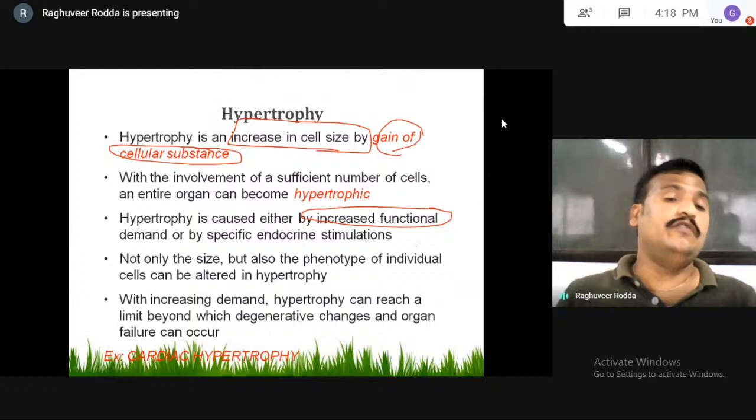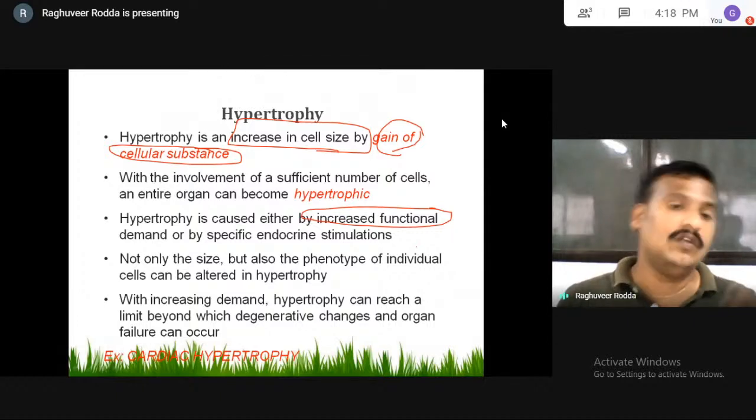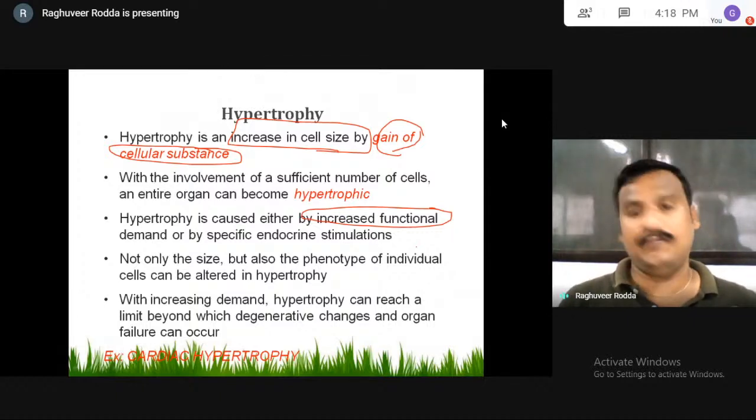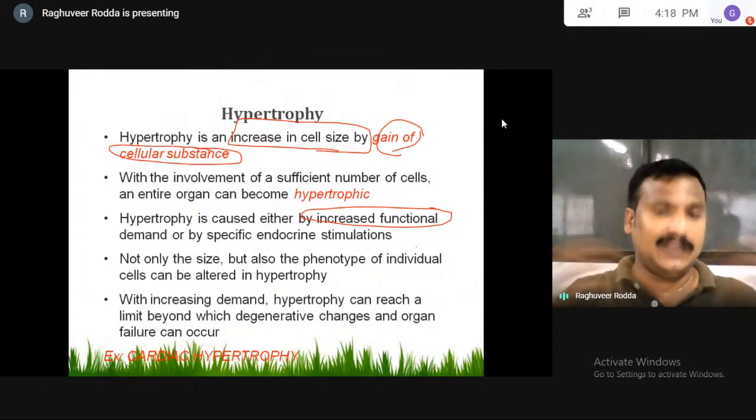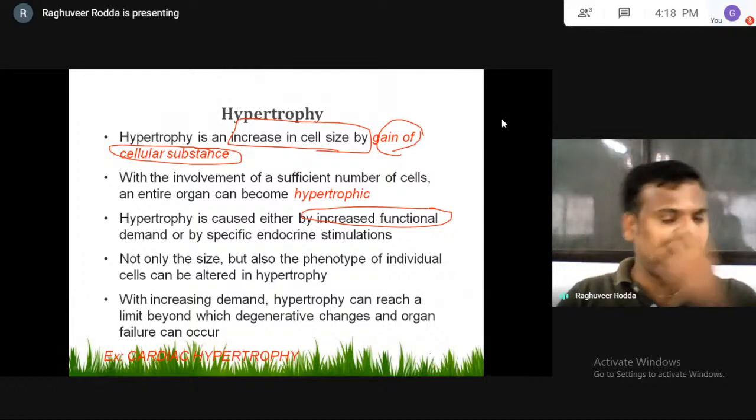If you go for continuous gym, exercise, or physical work, the cells of the muscles of your body will increase in size, and it will be a muscular body. Like that, we have increased demand hypertrophy.